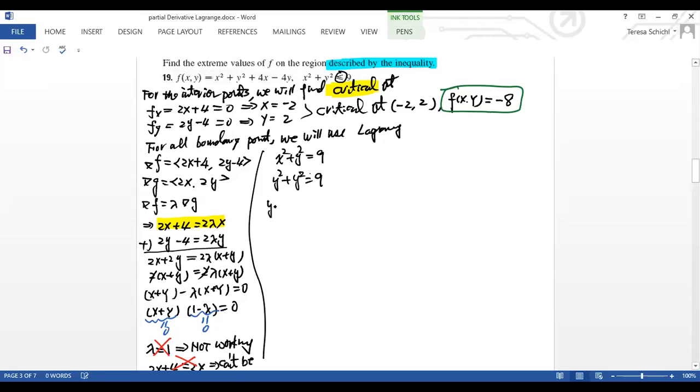So 2y squared equals 9, y squared equals 9 over 2. So y is equal to plus or minus 3 over square root of 2.